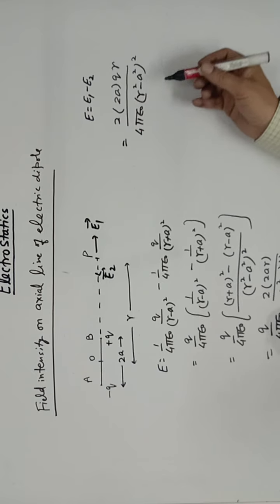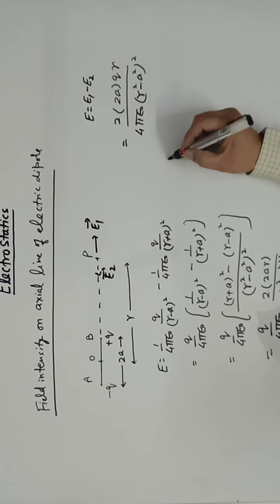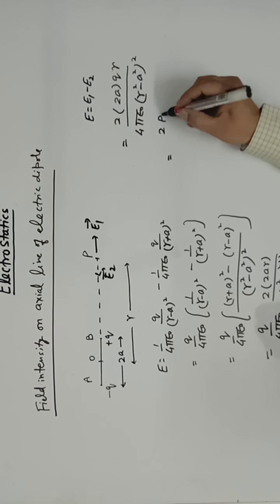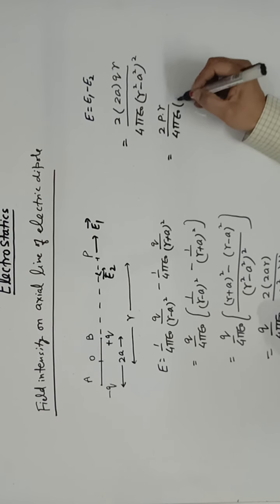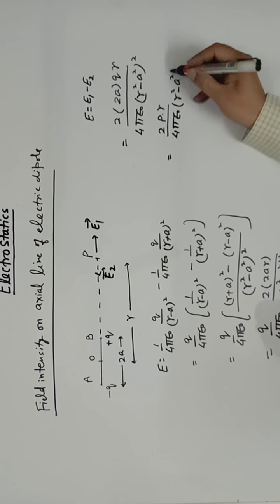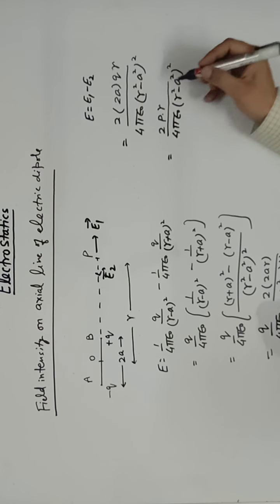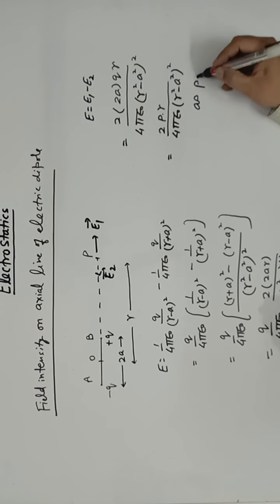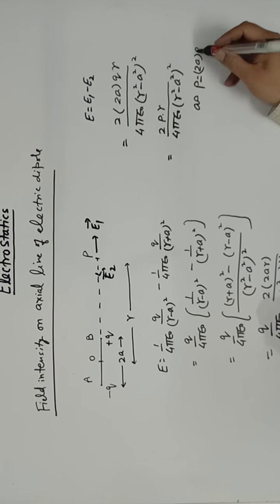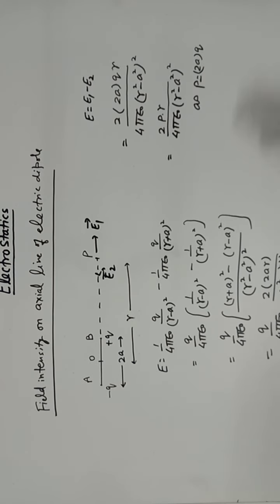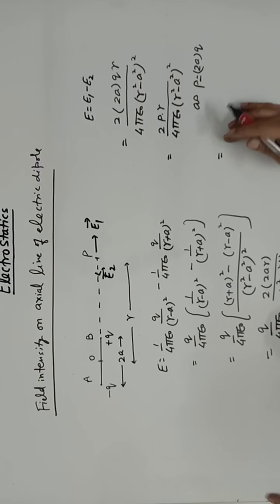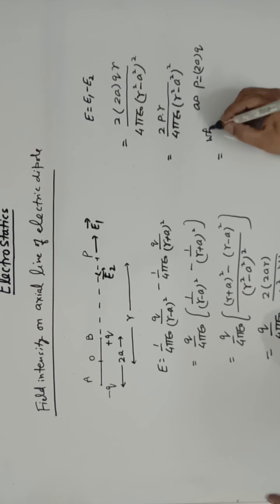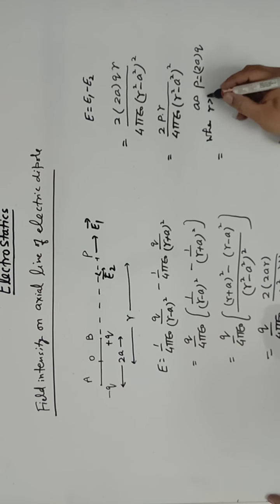We know this value 2a into q as p. So we can write 2pr upon 4 pi epsilon naught r square minus a square whole square, as p is equal to 2a into q, the electric dipole moment. So this formula will become, when the value of r is much greater than a, a square can be neglected.